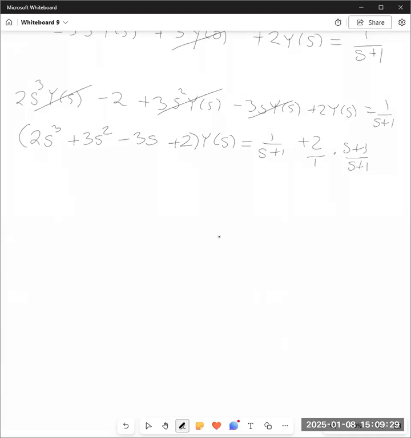That doesn't work, so let's try instead to group 1 and 3 with 2 and 4, and that gives me 2s squared minus 3. So that doesn't work. Let's try with 1 and 4 and 2 and 3. So that's s cubed plus 1. And that's, if I can pull out the 3s, that's s minus 1. That should work.